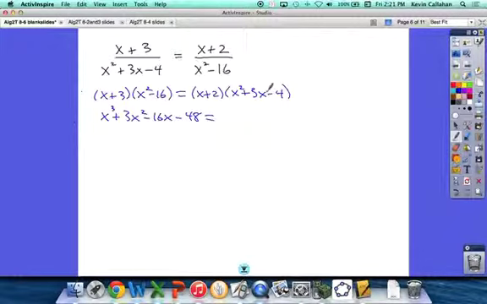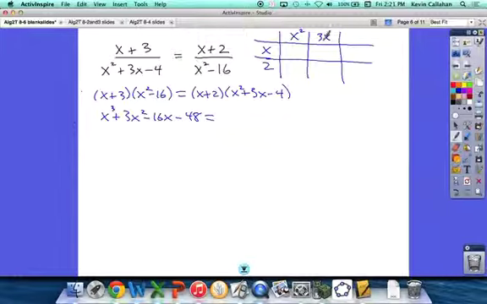Last semester when we were doing this stuff in chapter 5, I showed you that you could use a grid like this. I can put one factor on the left, x plus 2, and put one factor on the top, x squared plus 3x minus 4. And now just fill in the grid. That will make sure you take into account every multiplication.